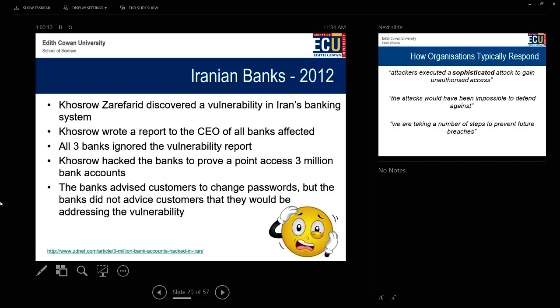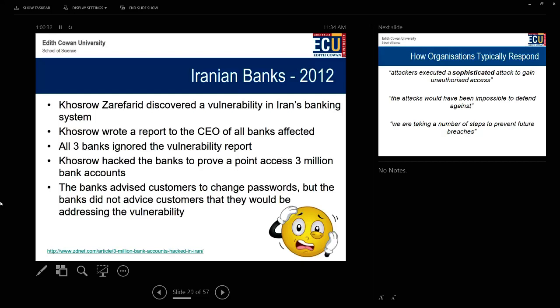But all 3 banks ignored his good act. So once they ignored his advice, he actually hacked all those banks, to prove a point that he can access 3 million bank accounts.